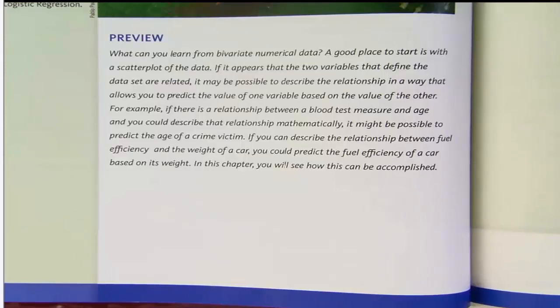If it appears that the two variables that define the data set are related, it may be possible to describe the relationship in a way that allows you to predict the value of one variable based on the value of the other. For example, if there is a relationship between a blood test measure and age, and you could describe that relationship mathematically, it might be possible to predict the age of a crime victim.